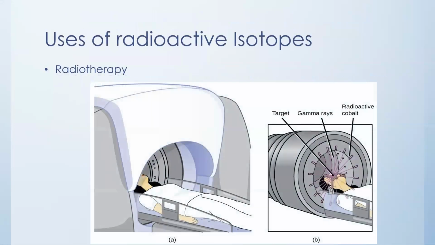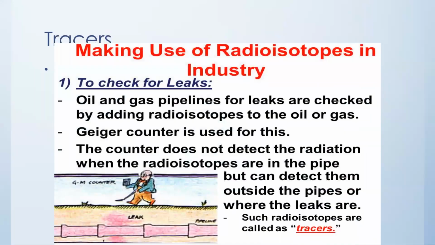And then what are the uses of radioactive isotopes? We can use them for the treatment of cancer. That is called radiotherapy. Gamma radiations are used to target or kill the cancer cells. Or you can also use them to check for leakage in oil or gas pipelines.